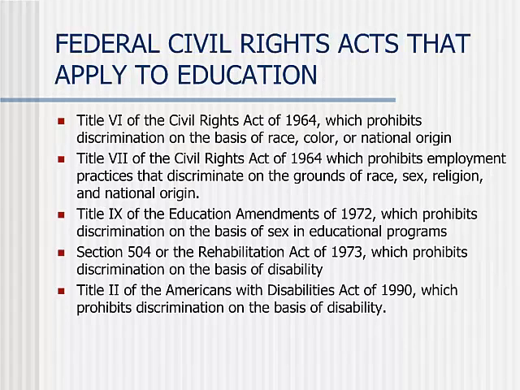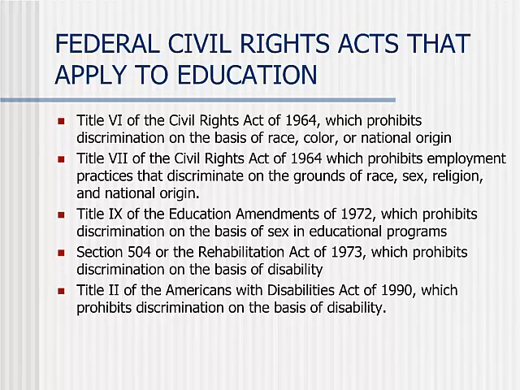Title VI of the Civil Rights Act of 1964 prohibits discrimination on the basis of race, color, and national origin. Title VII of the same Civil Rights Act prohibits employment practices that discriminate on the grounds of race, sex, religion, national origin. Title IX of the Educational Amendments of 1972 prohibits discrimination on the basis of sex in educational programs.